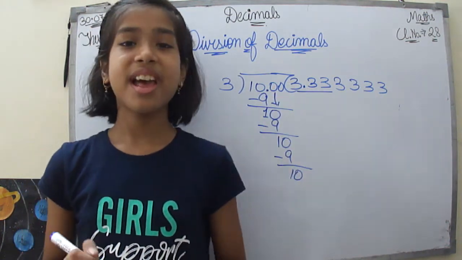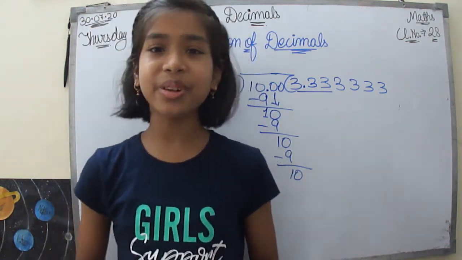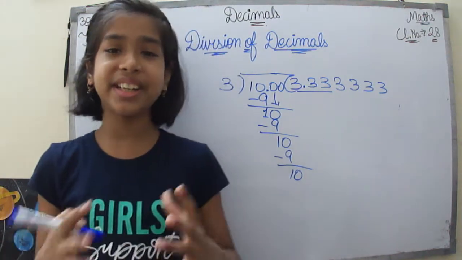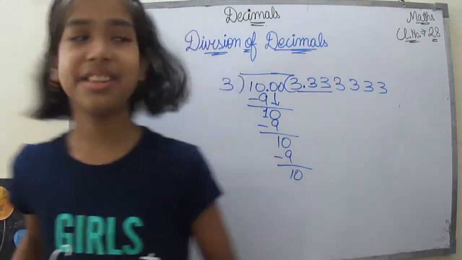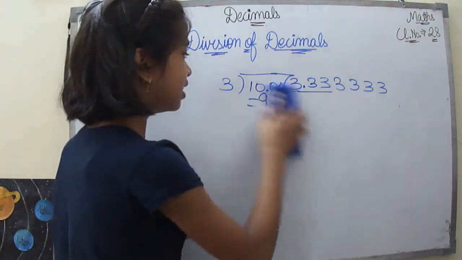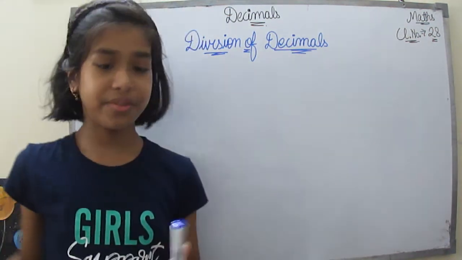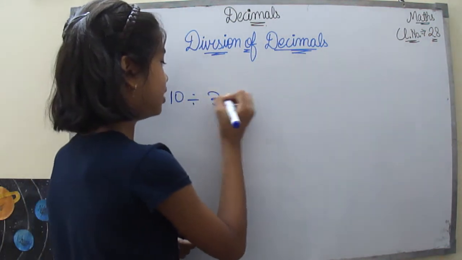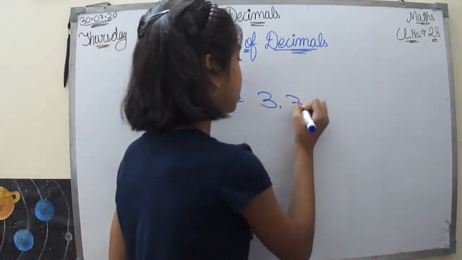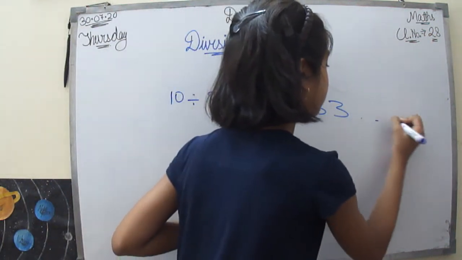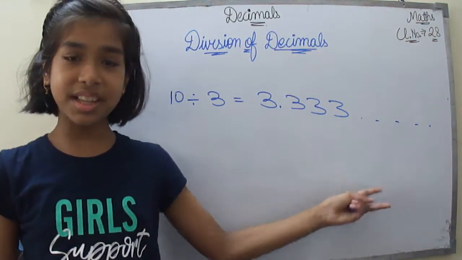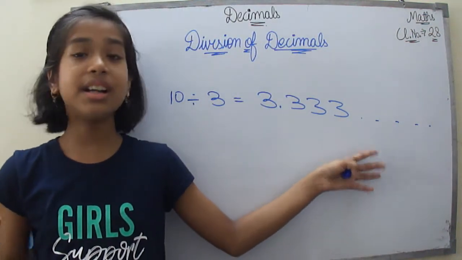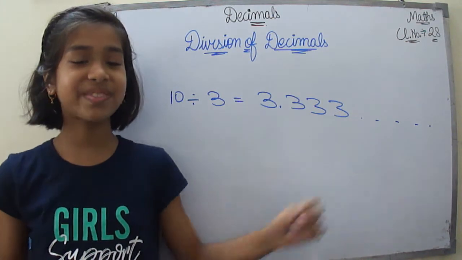Now, how can you write a recurring decimal? For example, 10 divided by 3 is equal to 3.3333.